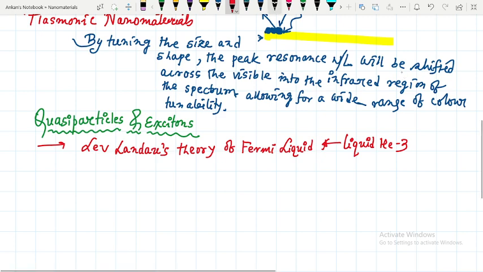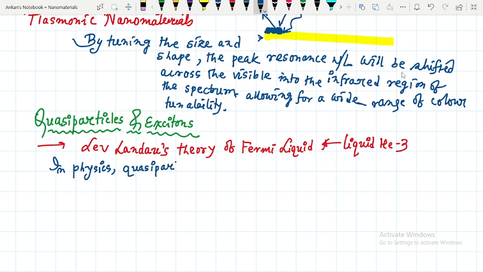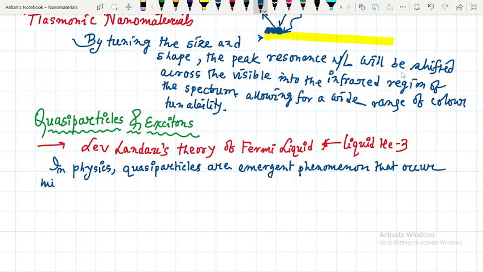Now let me write the definition. In physics, quasi-particles are emergent phenomena that occur in microscopically complicated systems such as solids.